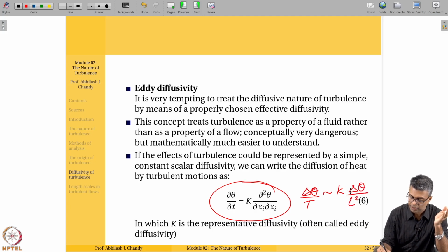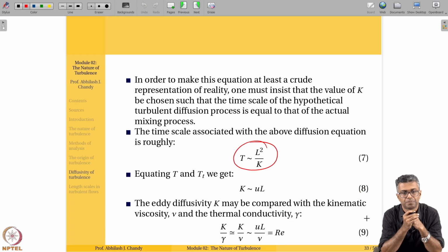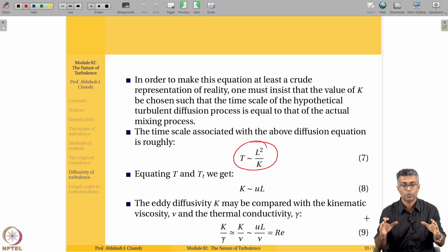So from here Δθ and Δθ get cancelled and T is approximately equal to L²/K, which is essentially what I wrote here in equation number 7. So now this is the time scale associated with my newly manufactured equation representing the turbulent transport of heat in the room.